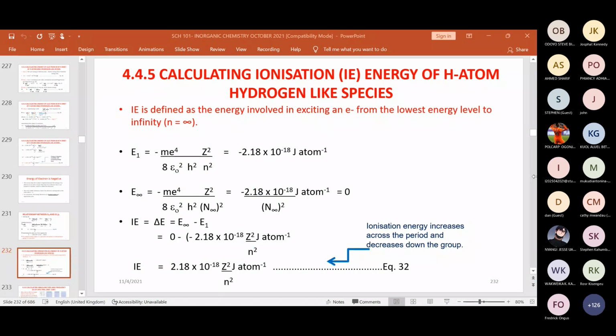But as it comes close to the nucleus, it is moving from a high energy level, and as we saw in emission and absorption, as you move from a high energy level to a lower energy level, energy is given out. So you lose energy. That's what is happening to the energy of the electron. As it goes down to the lower energy level, it loses energy. So its energy is negative compared to the free electron.